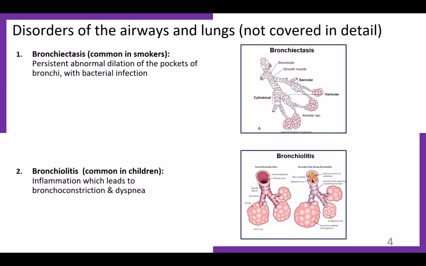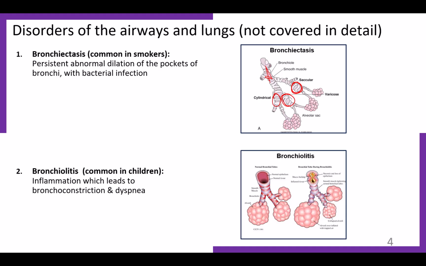So you've got the bronchiole here, and you've got the bronchial smooth muscle over here. And what happens over here is you have these pockets of abnormal dilation. So when the bronchioles become bigger than normal, this is called bronchiectasis.